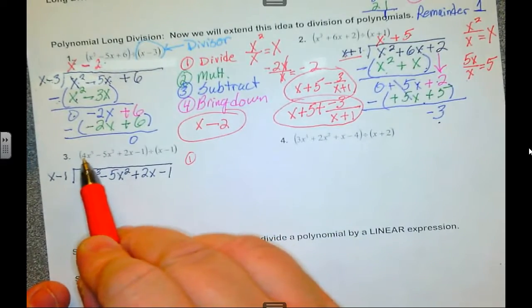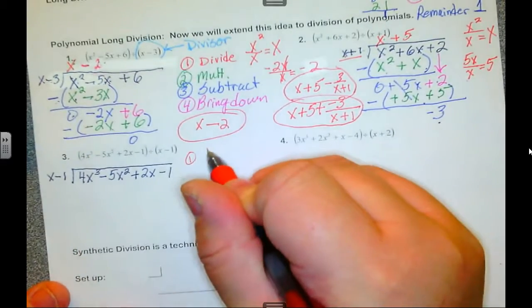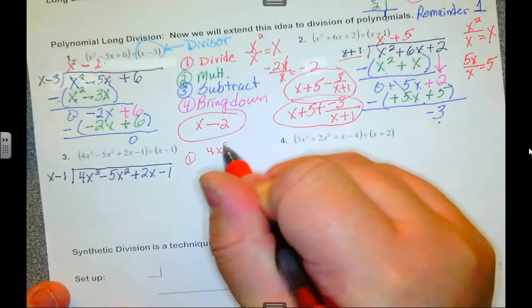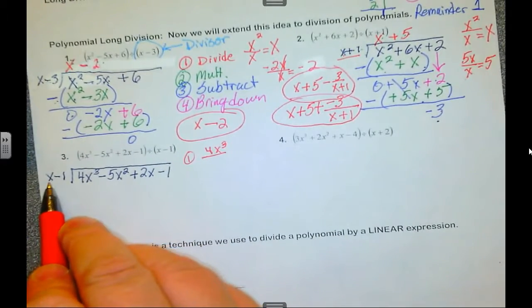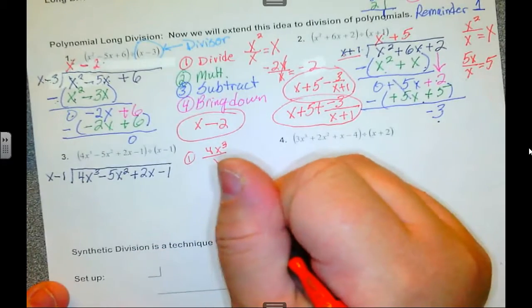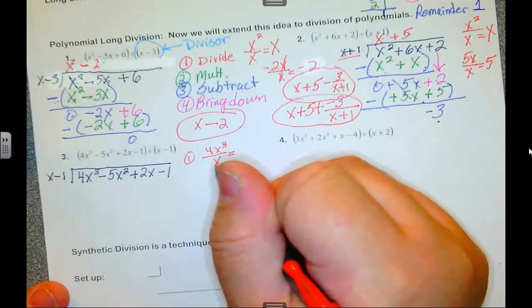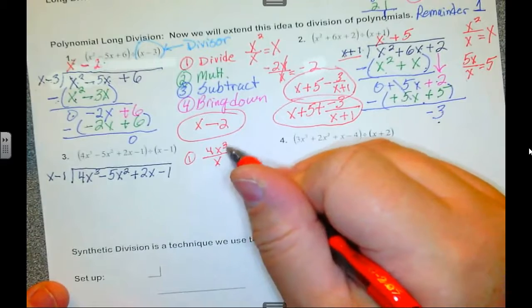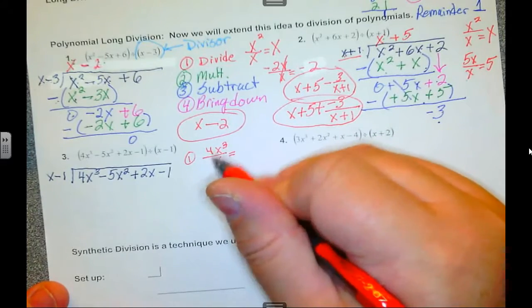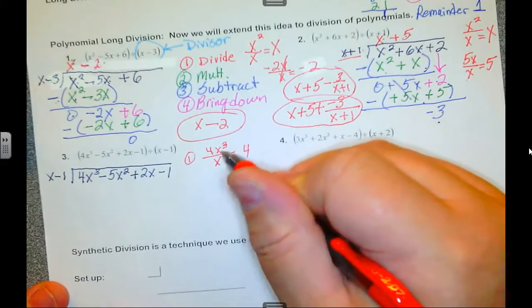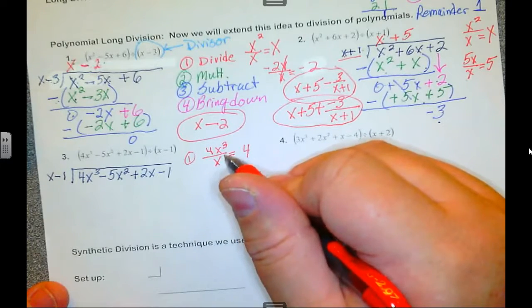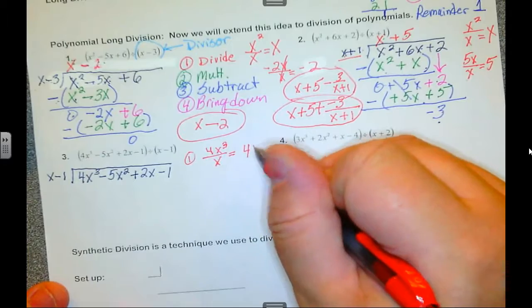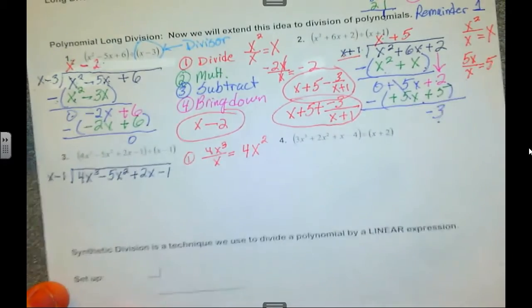I'm going to take my 4x cubed divided by the first term here, x. That gives me, let's see, there's nothing I can do with the 4. x cubed divided by x, to the first minus the exponent, so it's 4x squared, right?